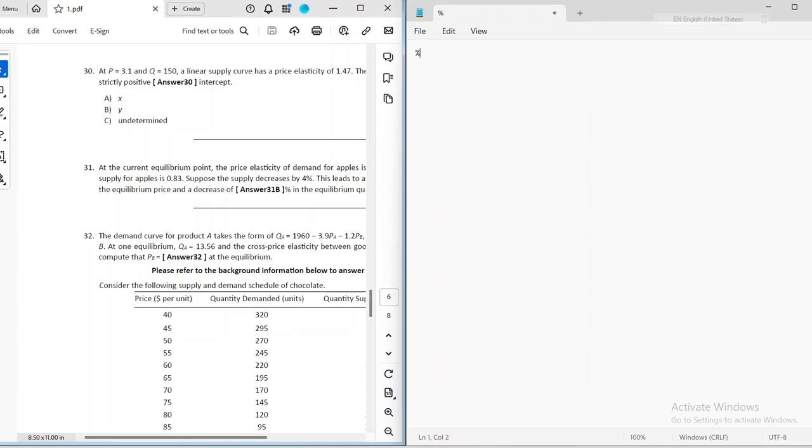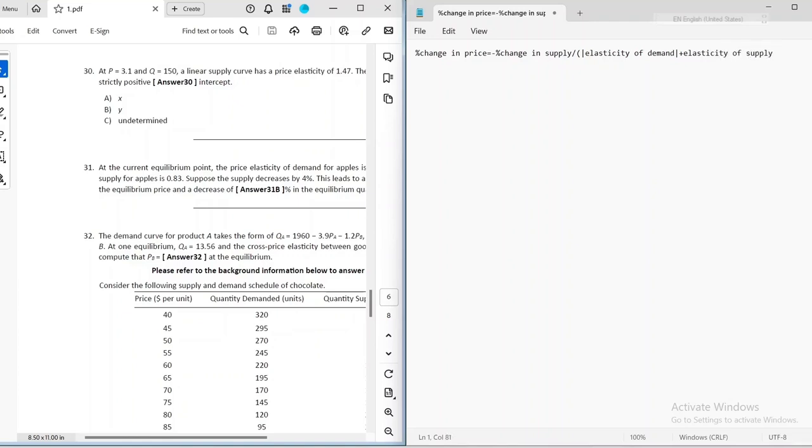So this is percentage change in price equals minus percentage change in supply divided by the absolute elasticity of demand, because the elasticity of demand is negative, so we need to take the positive sign, and then the elasticity of supply.